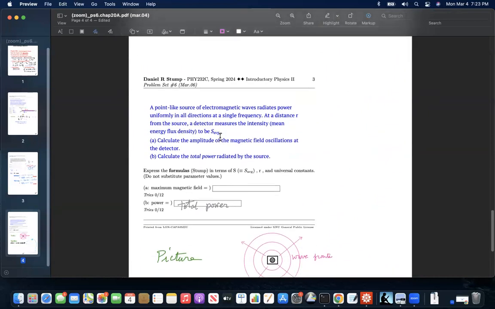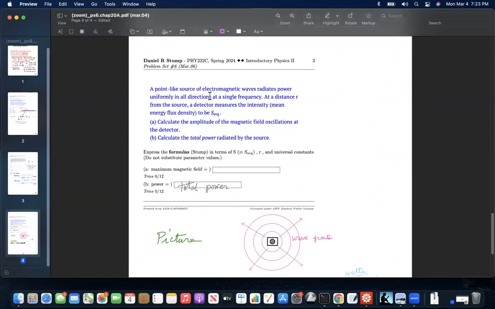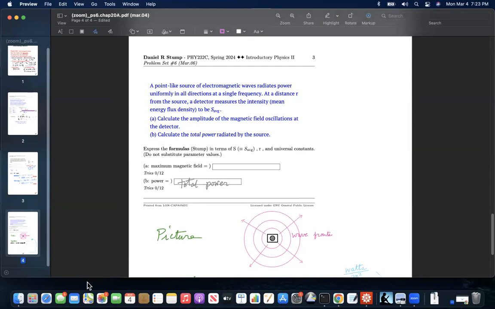Here's another problem from the assignment, which is due Wednesday. A point-like source of electromagnetic waves radiates power in all directions at a single frequency. So at a distance r, let's identify this parameter r, that's the distance from the source.